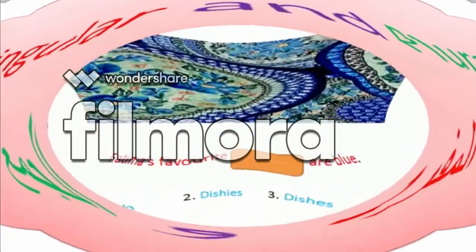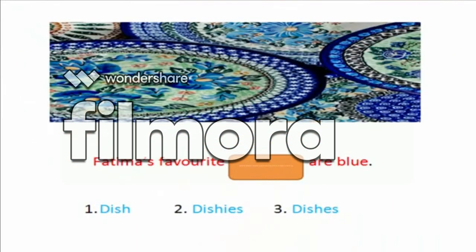Let us start. We take the first example. Look at the picture. That is, alright, we put food in it. We serve food in that. For dinner, for lunch. Okay. It is decorated with blue color. Okay.